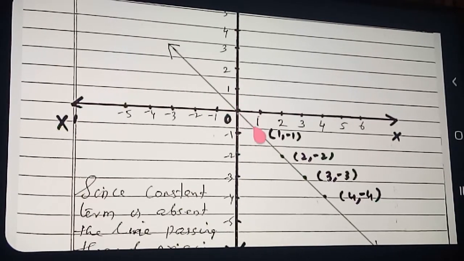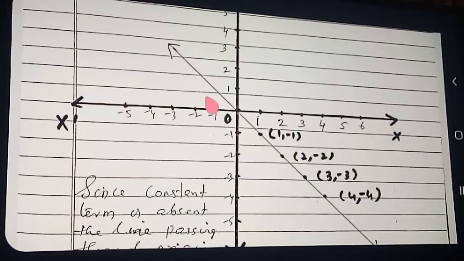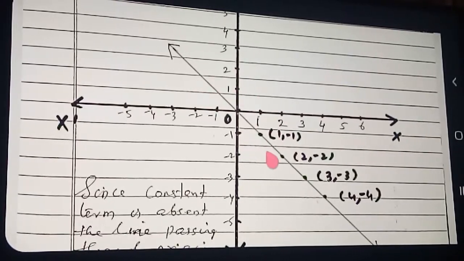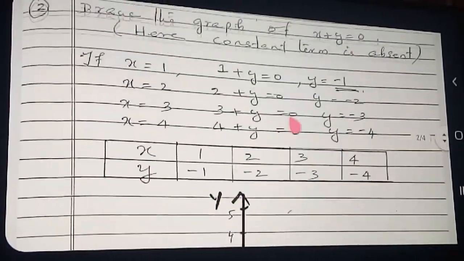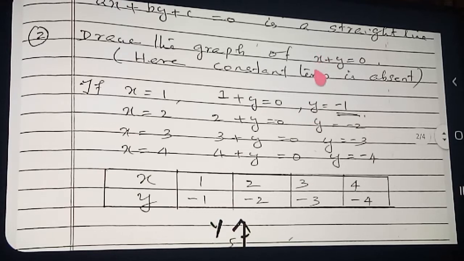That means if the constant term is absent, the graph of that type of equations will always pass through the origin only. Did you get it clear? If the constant term is absent, see the equation once more, the nature of the equation: x plus y equal to 0, or 2x plus 3y equal to 0, or 2x plus 7y is equal to 0.